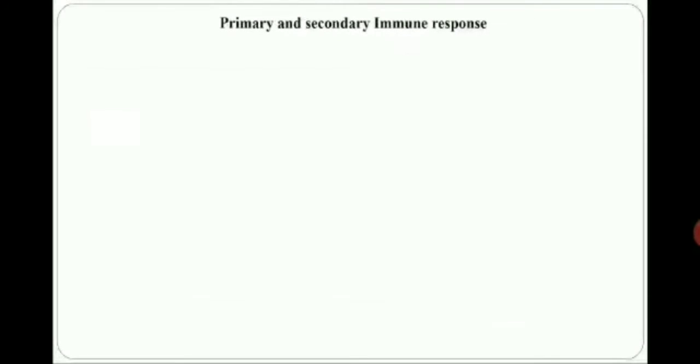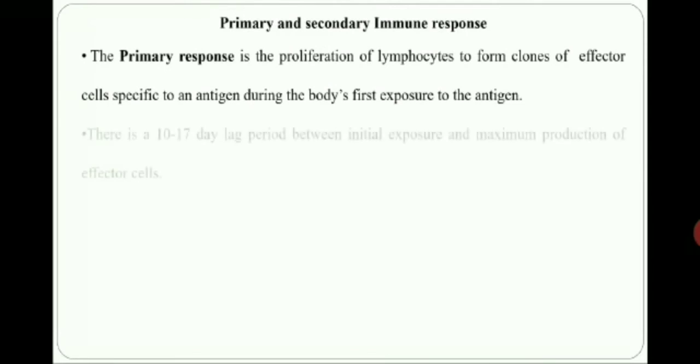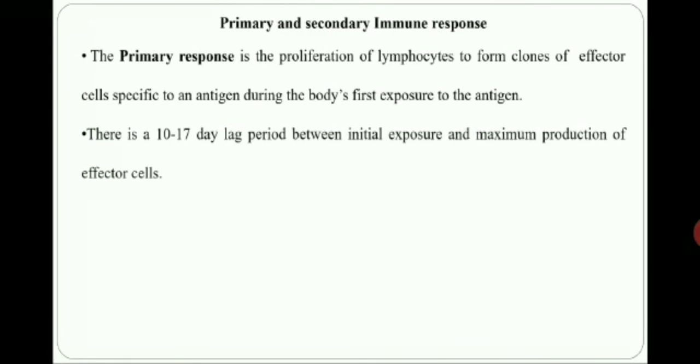Now, the primary and the secondary immune response. The primary response is the response which occurs after the proliferation of lymphocytes to form clones of effector cells which are specific to an antigen during the body's first exposure to the antigen. There will be a lag period of 10 to 17 days between the initial exposure and maximum production of effector cells.